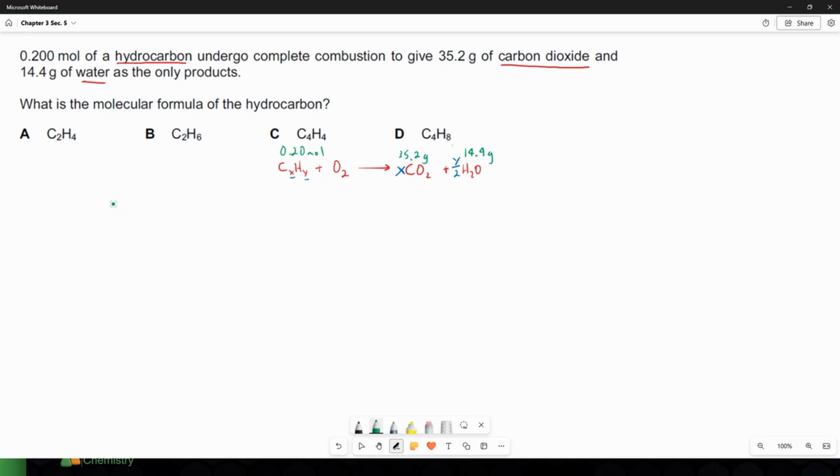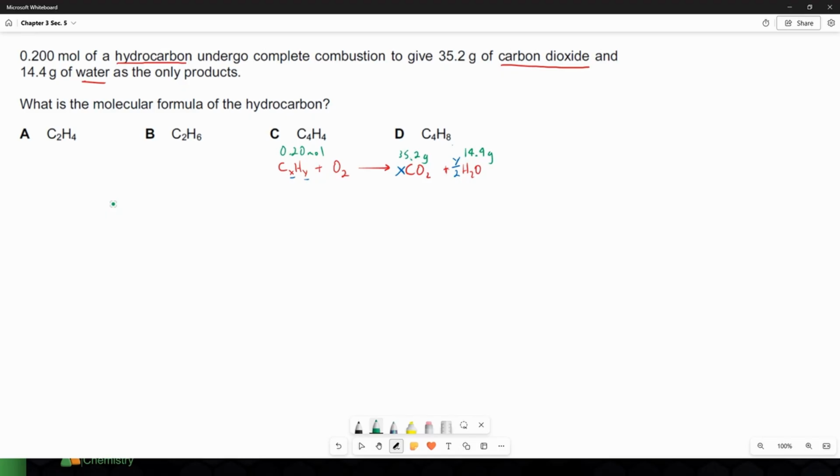Now here is where this is going to take us somewhere. We can use these numbers. We can convert these numbers to ratios, to moles that are workable, and then from there, figure out which of these molecular formulas would actually work. We can look at the moles of carbon and hydrogen created here.